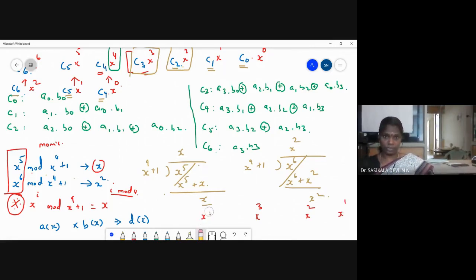So this will be x power 3, x power 2, x power 1, and x power 0. So this is the x power 3 coefficient, x power 2 coefficient, x power 1 coefficient, and x power 0 coefficient. Okay, so what is the coefficient of x power 0? C0 XOR with C4.